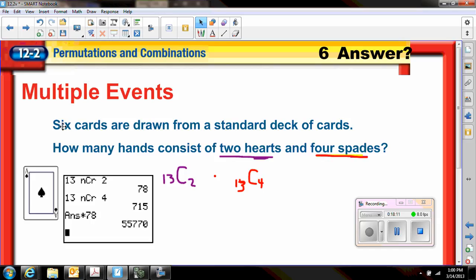So if I pick 6 cards from a deck, I'm looking for 2 hearts and 4 spades. There's 55,770 different ways I can get 2 hearts and 4 spades. Pretty amazing.